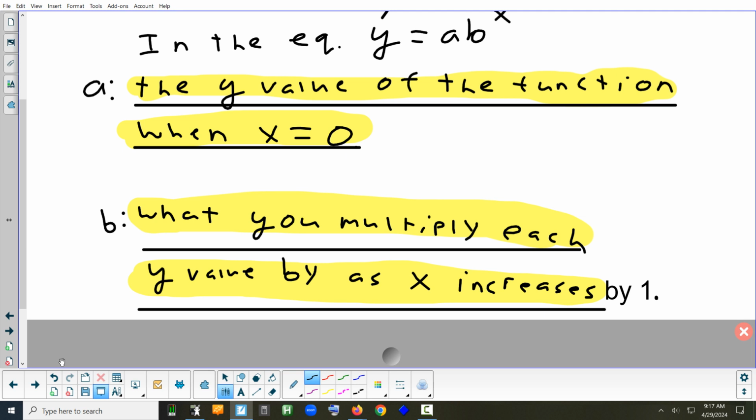So I think in the problem we just did, it was times 3. So the B value in that problem would have been a 3. Remember, it's got to be multiplied. If the pattern is adding each time, that's not what we're learning this week. Okay, so it's got to be multiplied.